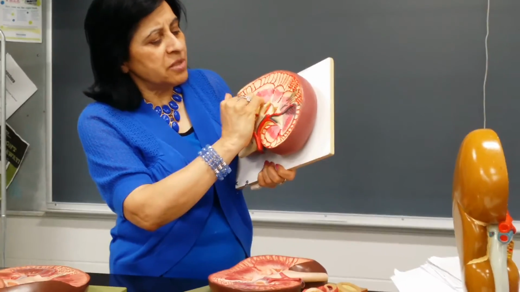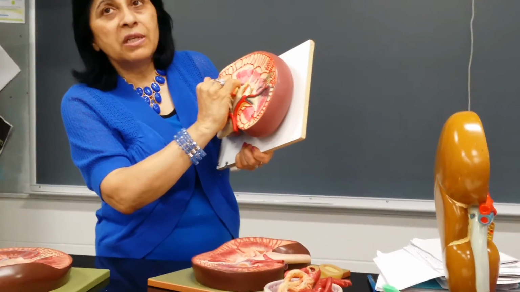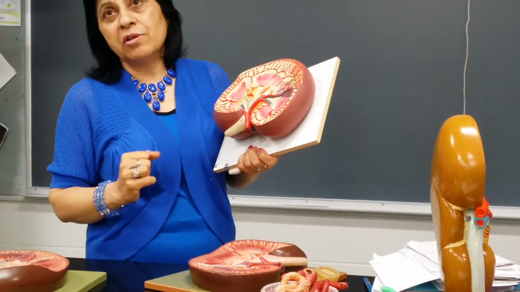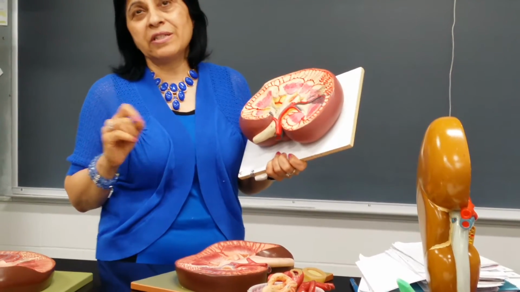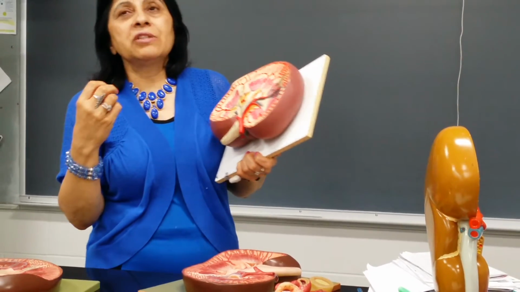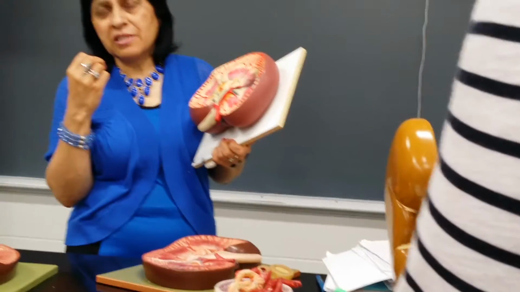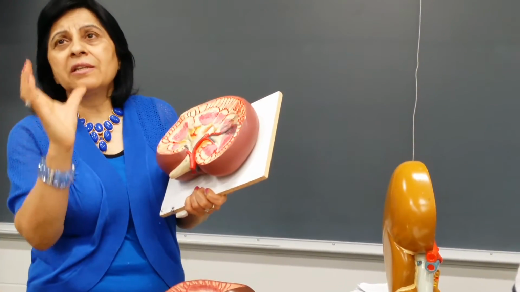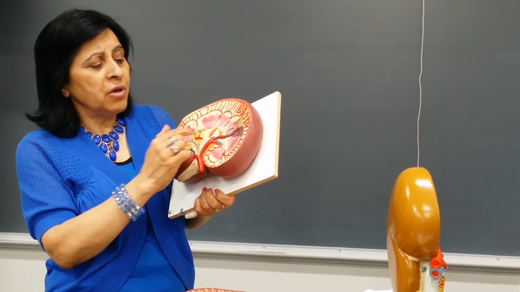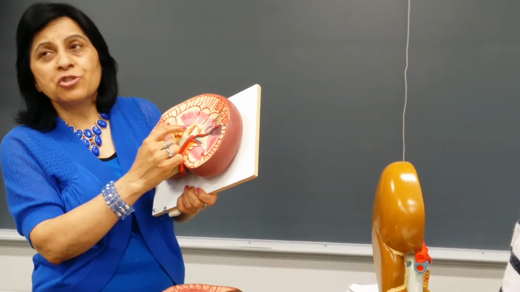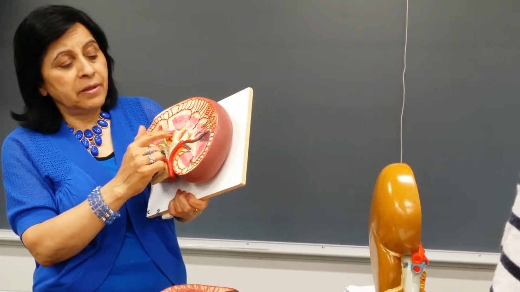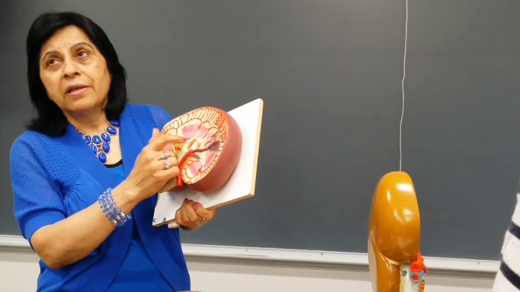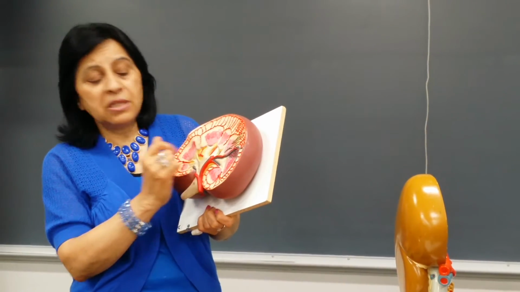So imagine this pyramid with its pointed papilla with tiny holes in it, dripping urine out of it. That urine that drips from tiny pores there is not allowed to escape. Instead, it is caught into a funnel-like structure here. See that? This part is capturing the droplets that will come out here.